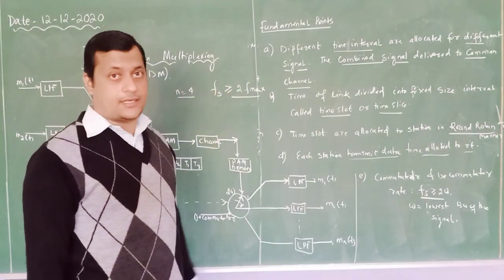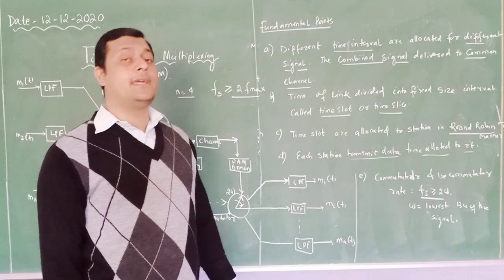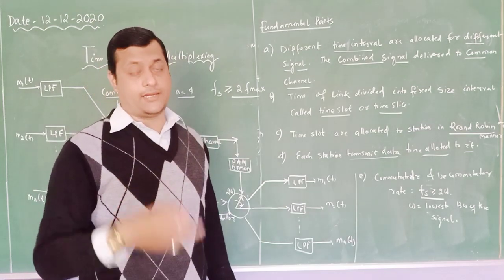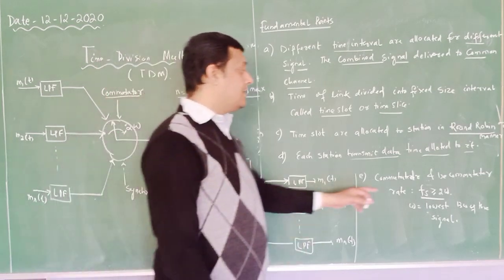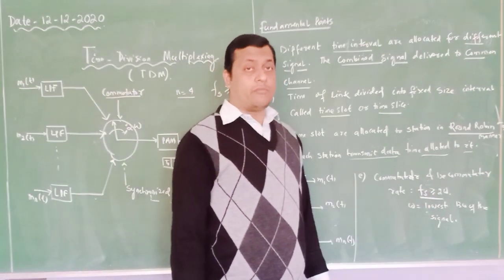Here Fs indicates the rate of the commutator and the rate of the decommutator. And what is the relation? Fs greater than or equal to 2 omega.